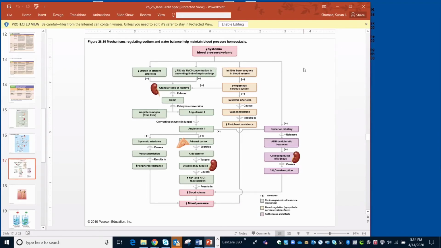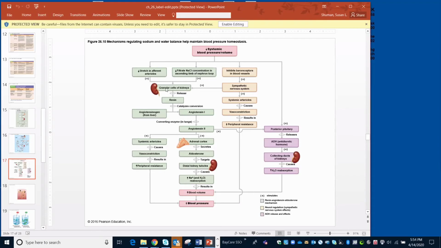So everything that we just went through is in here. So if my blood pressure drops, you can see my afferent arterioles are saying, oof, I don't have enough pressure. Okay, because we did the high pressure. So what happens is we decrease our filtrate concentration of salt in our ascending limb of the loop of Henle.